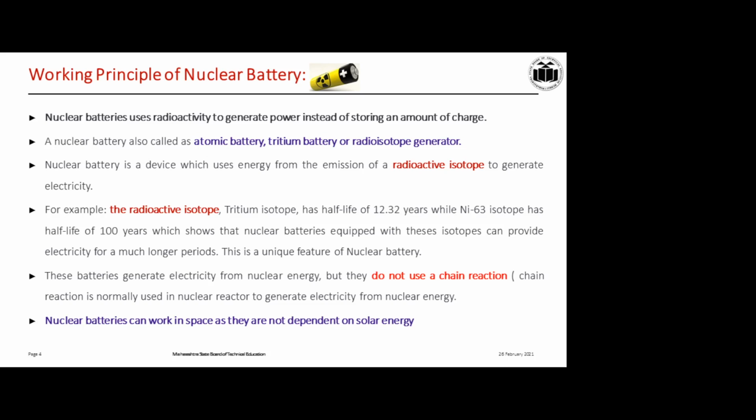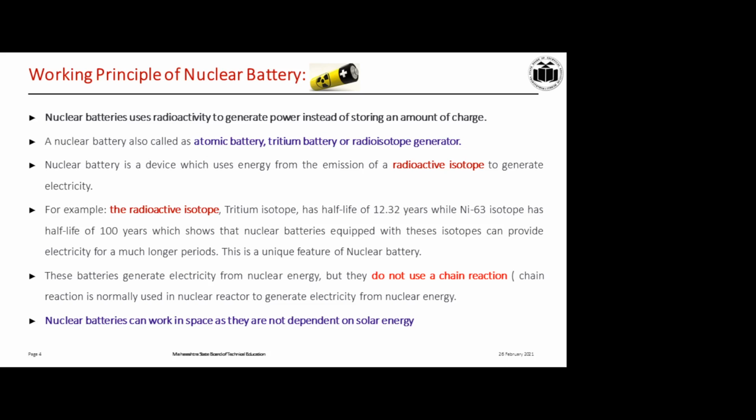So its life is very high compared to other batteries. This is one of the most unique features of a nuclear battery, so nowadays we prefer the nuclear battery due to its long life.